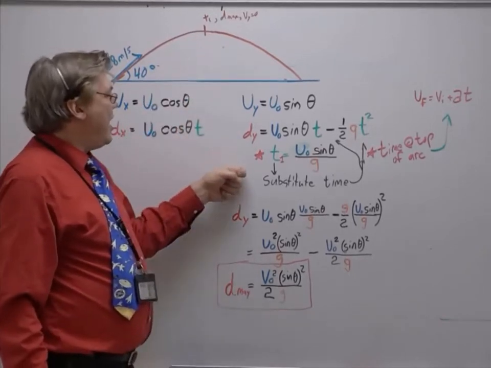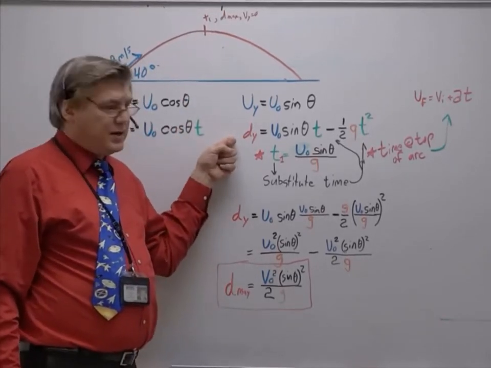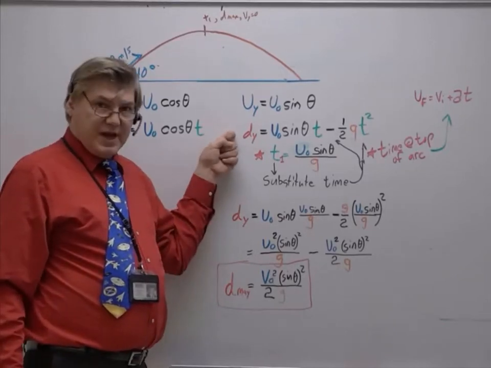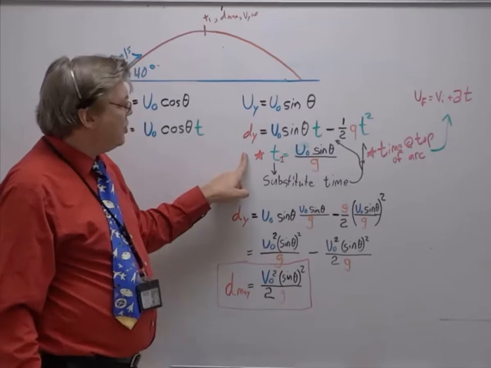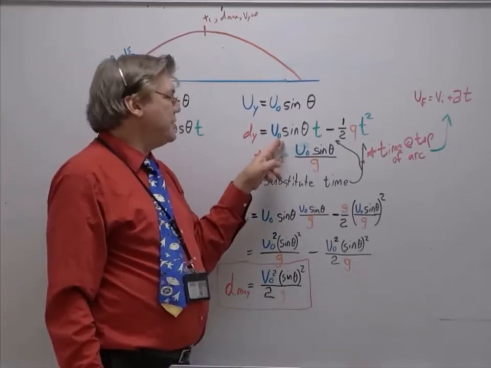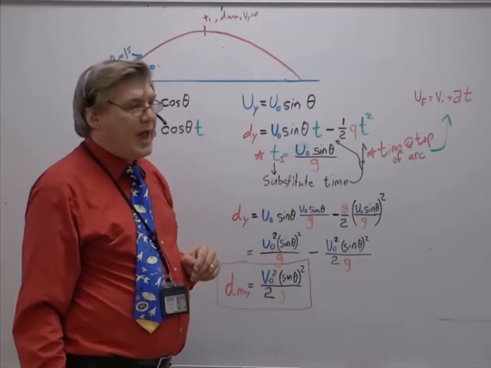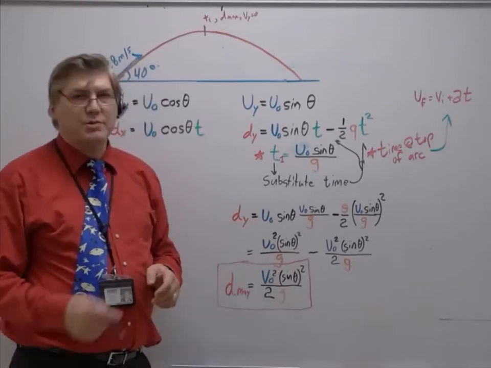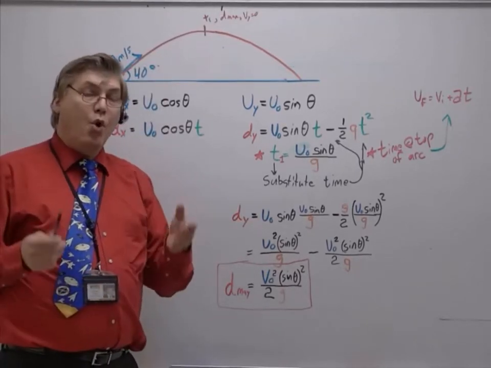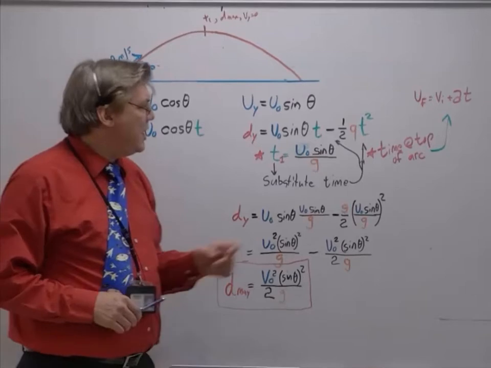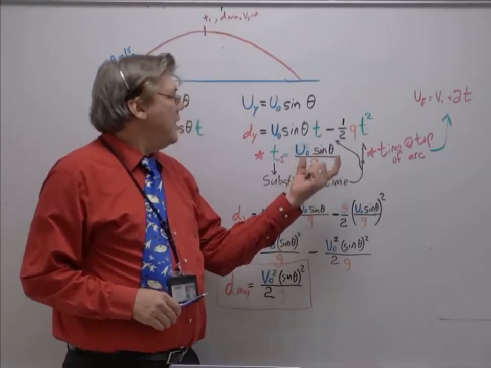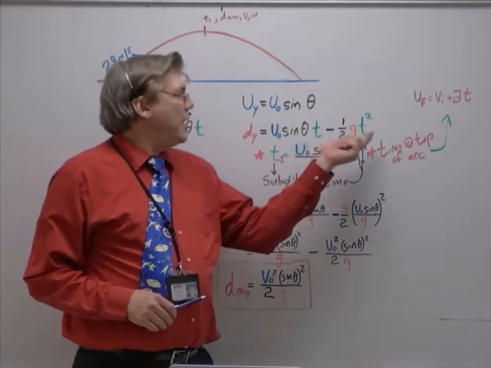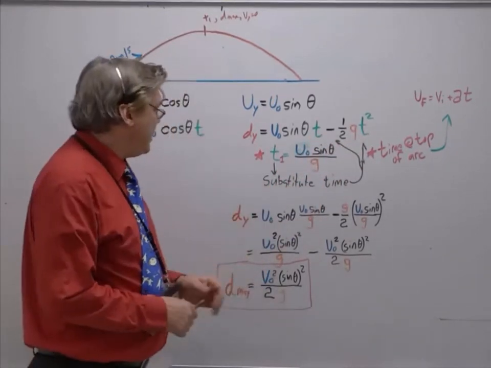So I now have an equation for my height that is a function of time, and I have my time. All I've got to do is calculate the time and substitute it back into this equation, and I've got an answer for my maximum height. If you're more bold, you can substitute the actual formulas in place of time, and in place of time squared, which is what I did here.